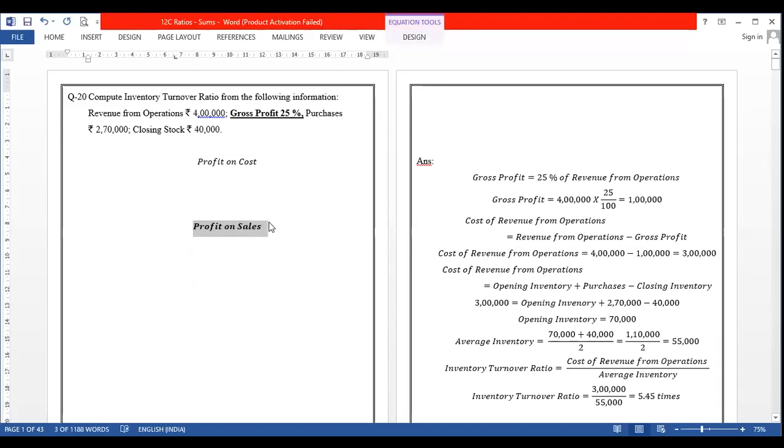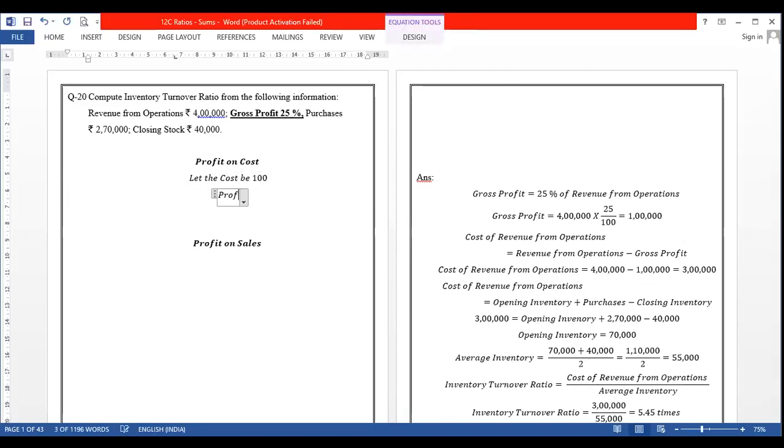But if it is mentioned that it is profit on cost, that is when you need to take it accordingly. Now over here, what I want you to assume is, when it is profit on cost, let the cost be 100. Okay, let the cost be 100. And if the profit is, how much is the profit?